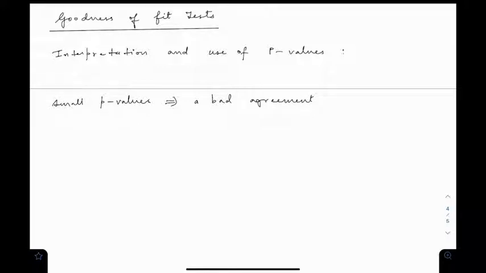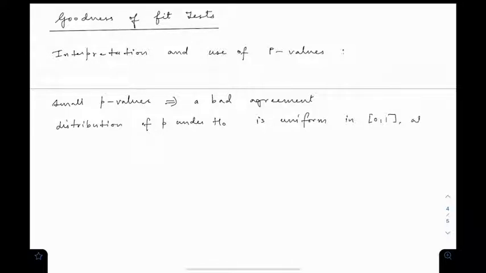Since the distribution of p under H0 is uniform, all values of p in this interval are equally probable.